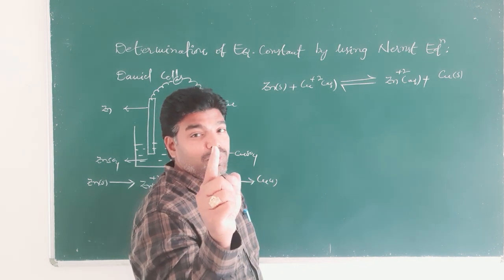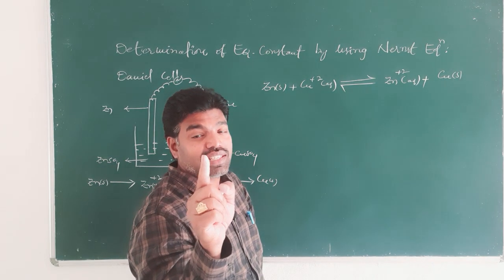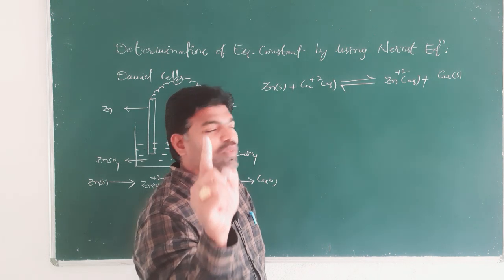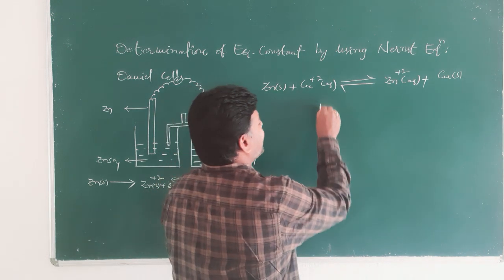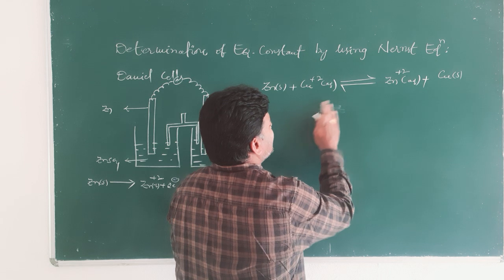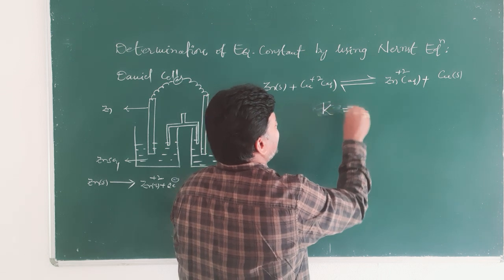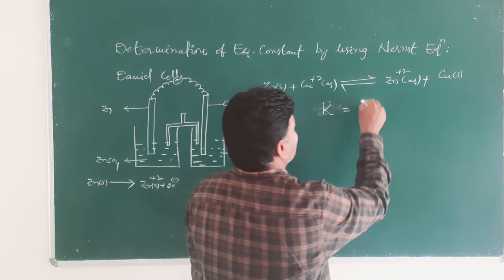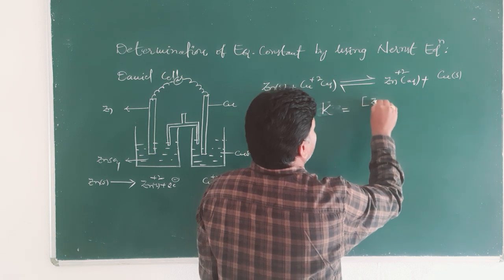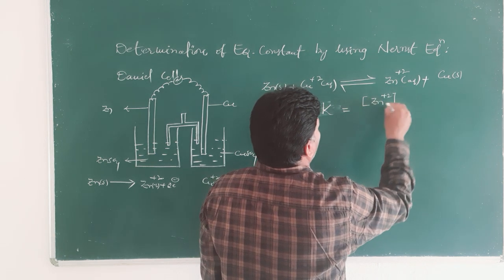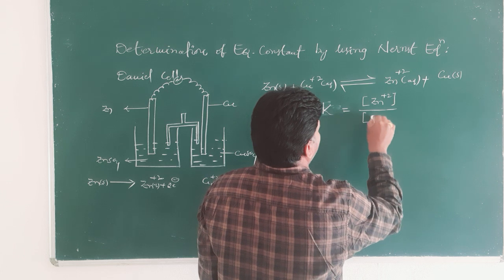For that reversible reaction, we can write the equilibrium constant. The equilibrium constant is the ratio of the concentration of products to the concentration of reactants, right?